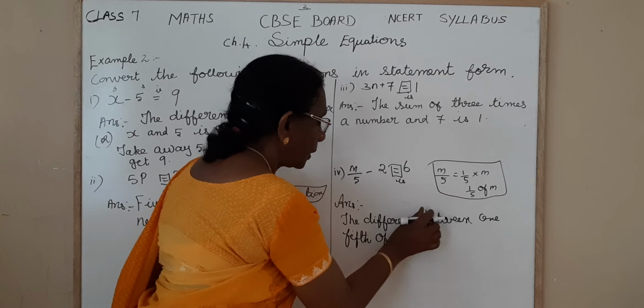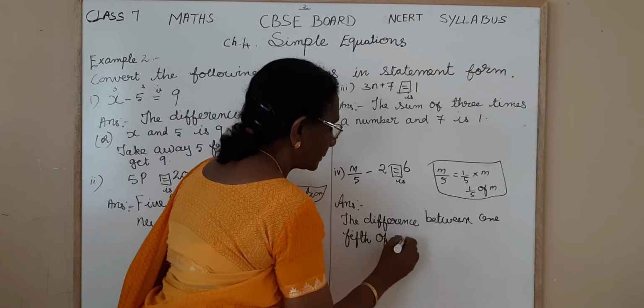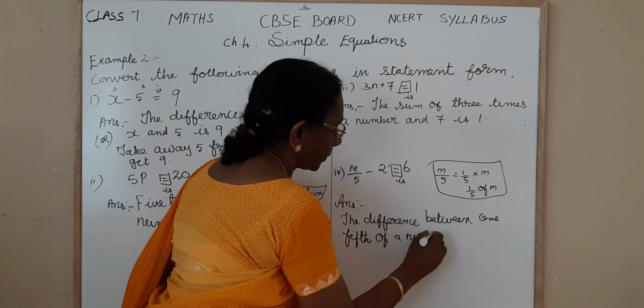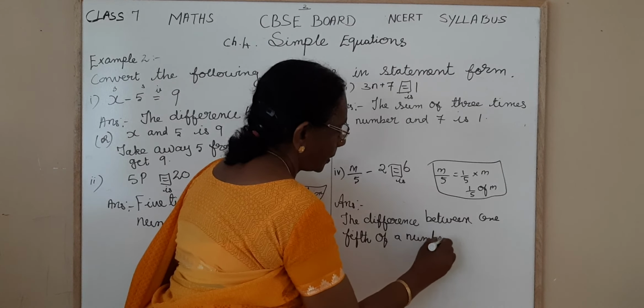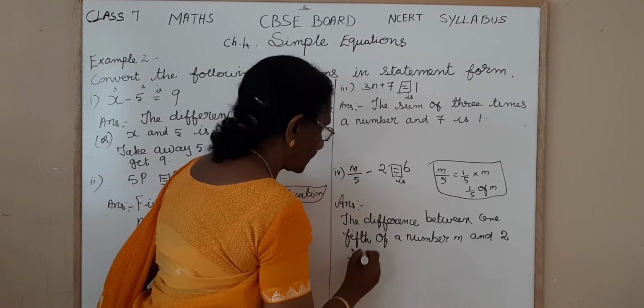The difference between 1/5 of a number m, and what are we subtracting? 2. And 2 equals 6 means is 6.